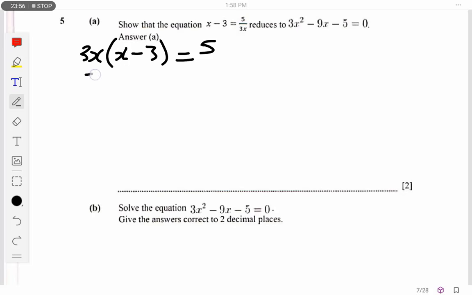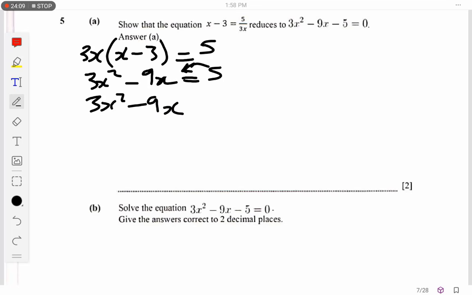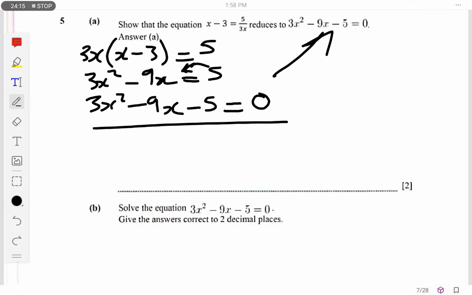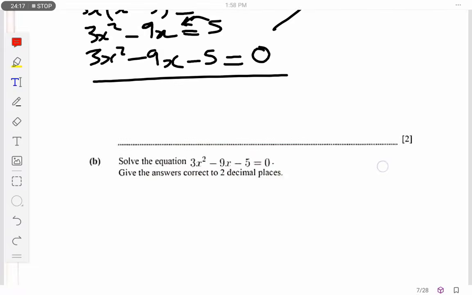Removing the brackets, we get 3x squared minus 9x is equal to 5. We take the 5 this side, we get 3x squared minus 9x minus 5 is equal to 0. We have shown that it's now equal to that. Let's move on to the next equation.